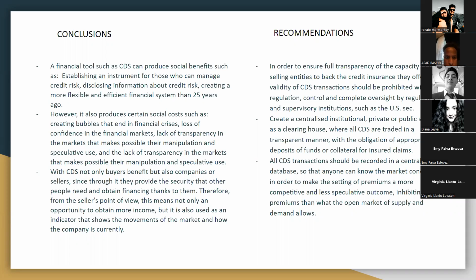With CDS not only buyers benefit but also companies or sellers, since they provide the security that other people need and obtain financing thanks to them. Therefore, from the seller's point of view, this means not only an opportunity to obtain more income, but also an indication that shows the movement of the market and how the company is currently doing.